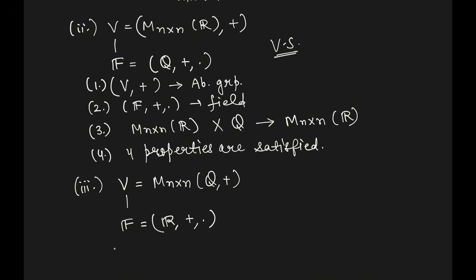So tell me whether it is a vector space or not. V is not an abelian group because the additive identity will not exist.